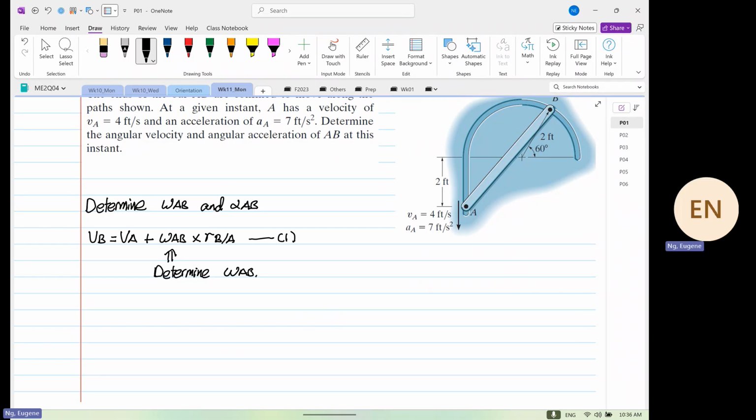And why this is important, because we have to apply this formula: AB equals AA plus alpha AB cross RAB, minus omega squared... no, this is RBA.